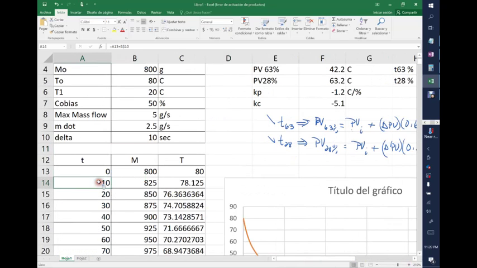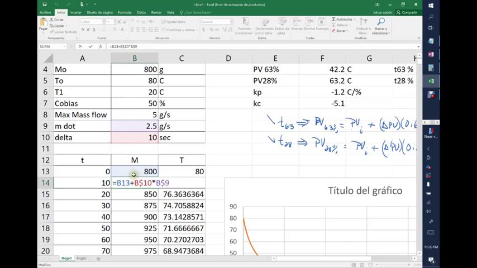Here is A13, which is the one above, plus $10. If you drag this, you will see 10, 10, 20, 30, 40. $10 is the delta T. So that's perfect. Enter.